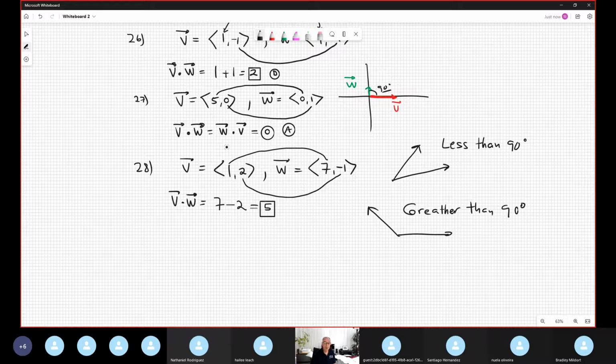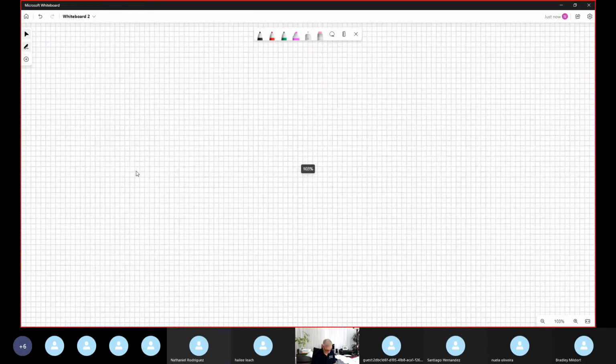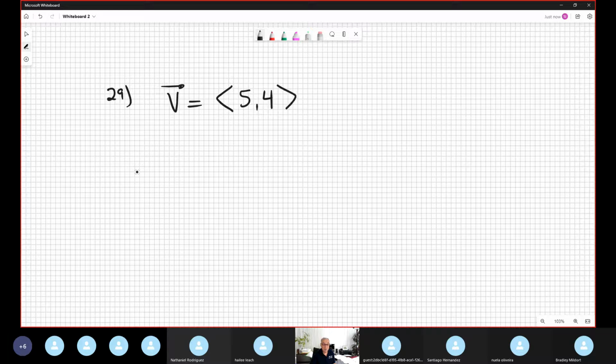Okay. Let's practice now 29. 29 is a little bit more interesting because you need to find the angle. So the vector 29, sorry, vector B is <5, 4>. And vector W is <4, -2>. And the goal is to find the angle in between the vectors.